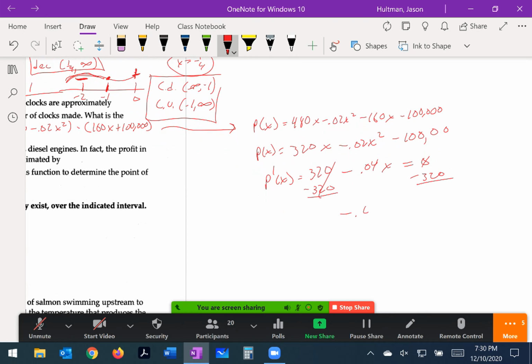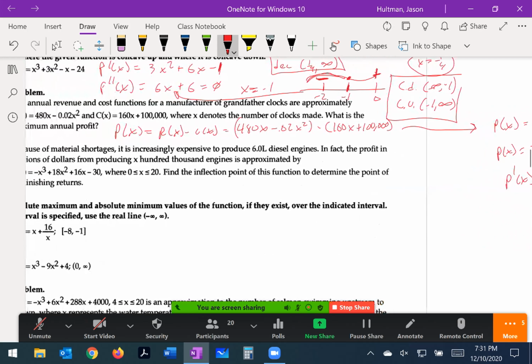Negative 0.04x is equal to negative 320. Divide by negative 0.04. Okay, 320 divided by 0.04 is 8,000. So x equals 8,000 is a critical value.